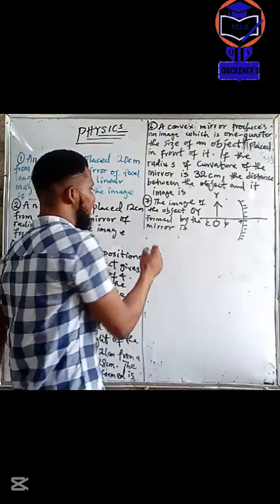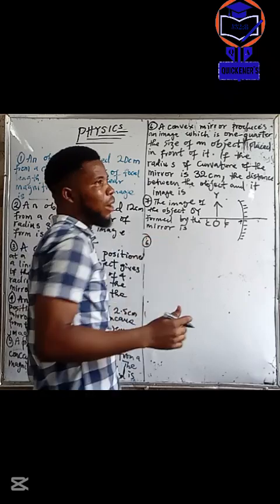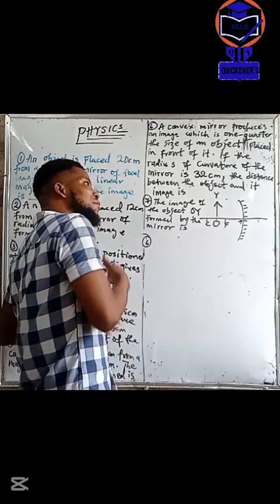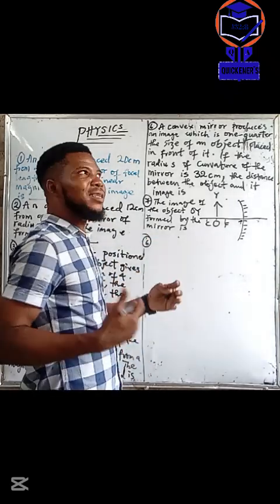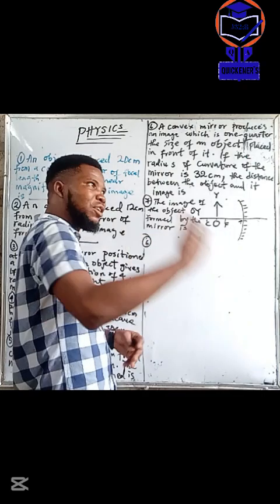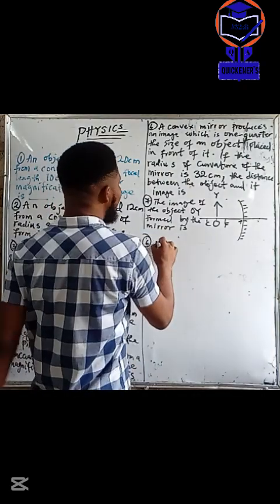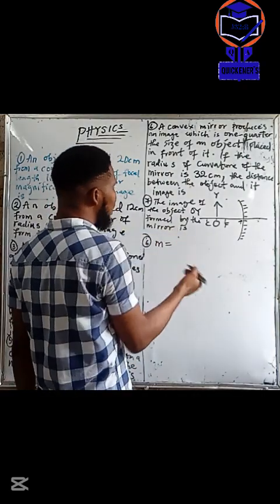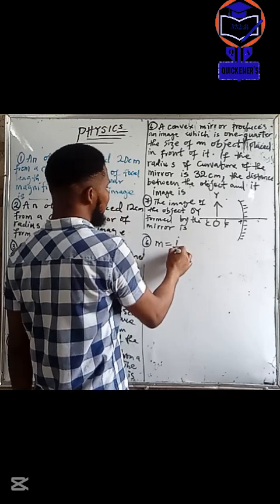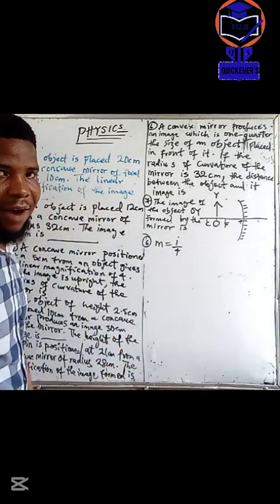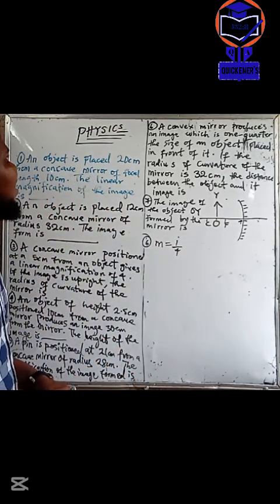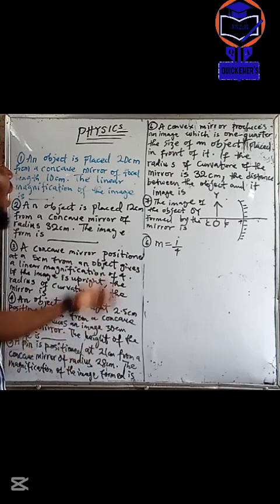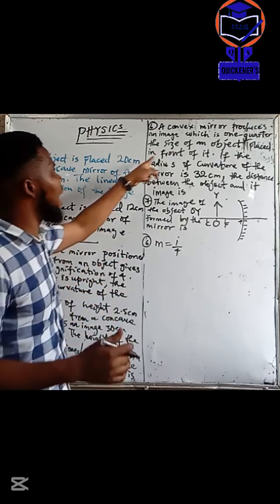The ratio of the size of the image to the size of the object is magnification. So magnification is 1/4.